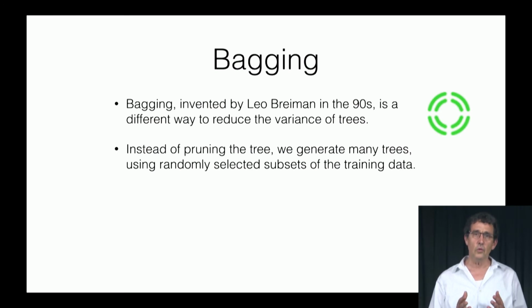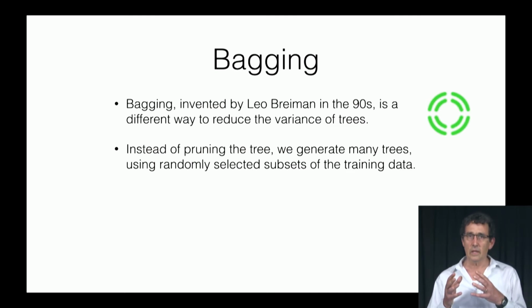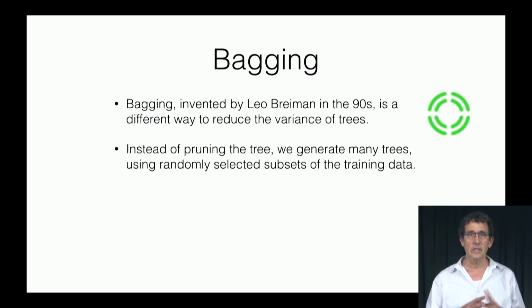What we do, instead of pruning the tree, is grow the tree fully, but we generate different subsets of the training data, and on each one of them, we train a decision tree. So now we have many decision trees, each one of them a little bit different because it was trained on a data set that is a little different.